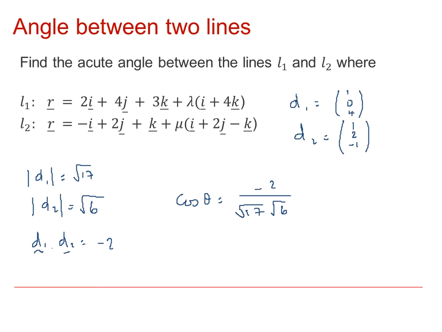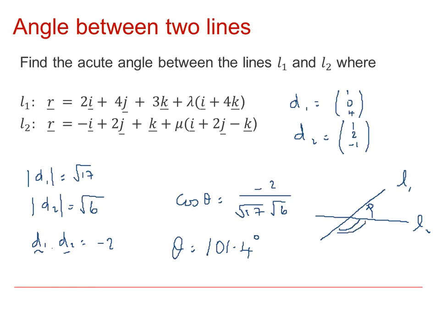Using your calculator to calculate theta, it comes out to be 101.4 degrees to 1 decimal place, but we want the acute angle. So what's happened here is that although we've got our lines L1 and L2, instead of calculating the acute angle here, we've actually calculated this angle.